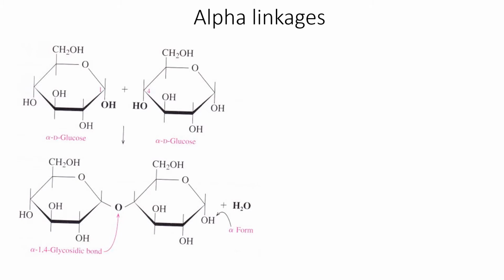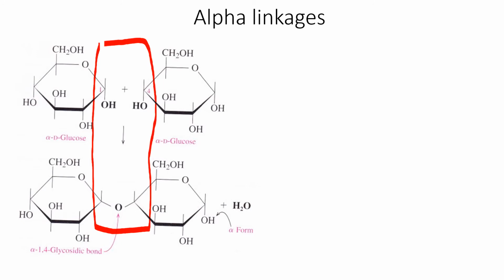So to help us focus in on where the changes are happening, I'm going to draw a red box that shows both in the reactants and the products where all the changes are happening. So all of the changes are happening in that red rectangle that I just drew. Everything outside of that red rectangle, you're not seeing any changes happen.